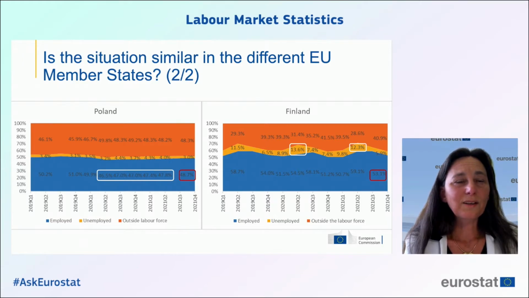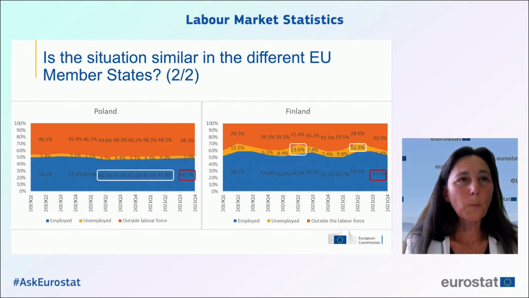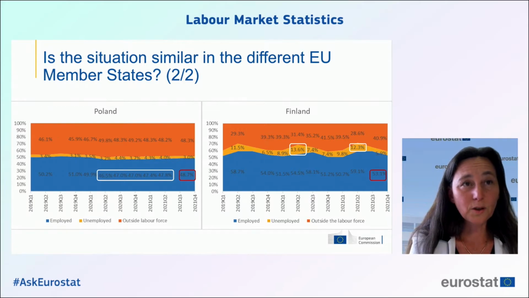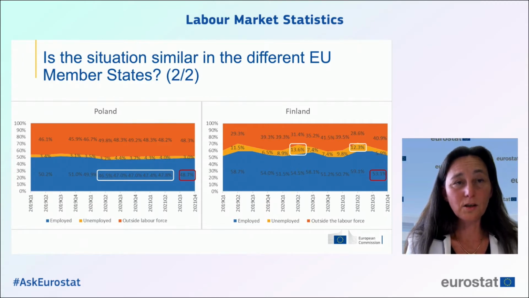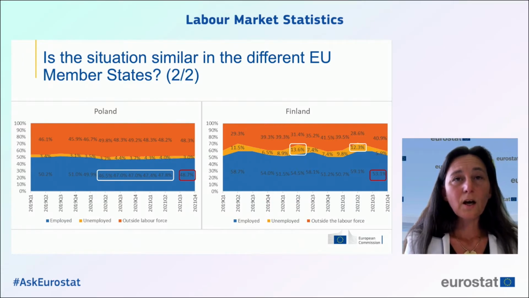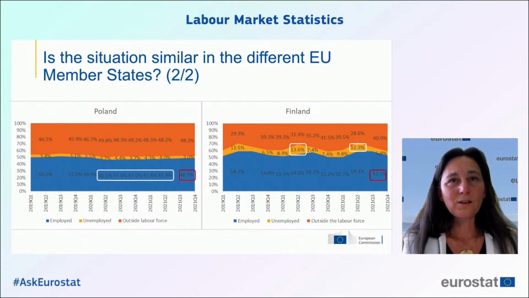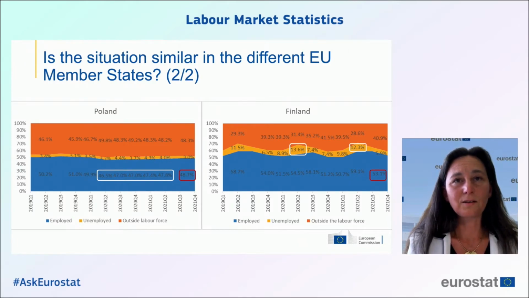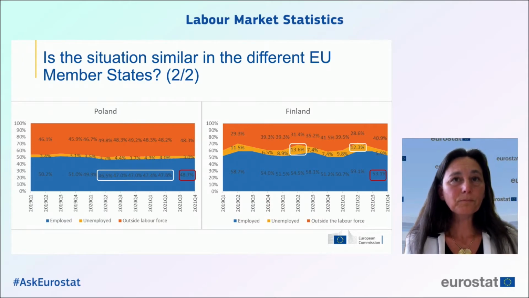And what is also interesting to show is that in Poland you have the effect of the COVID, which is stable between the second quarter of 2020 until the second quarter of 2021, with a low employment rate during all this period, while in Finland you have really ups and downs during the COVID crisis.